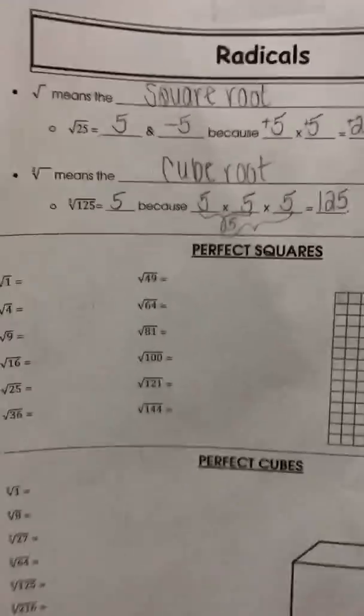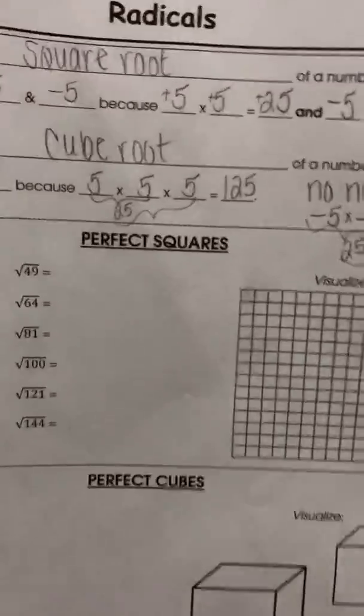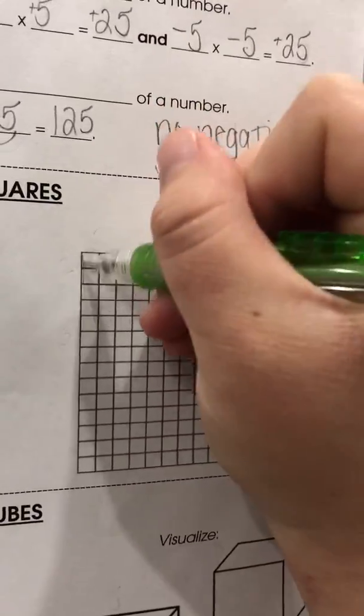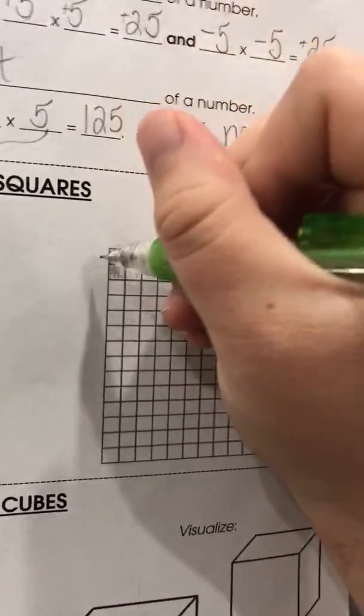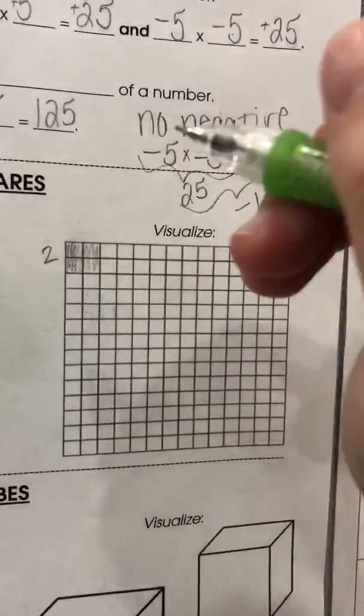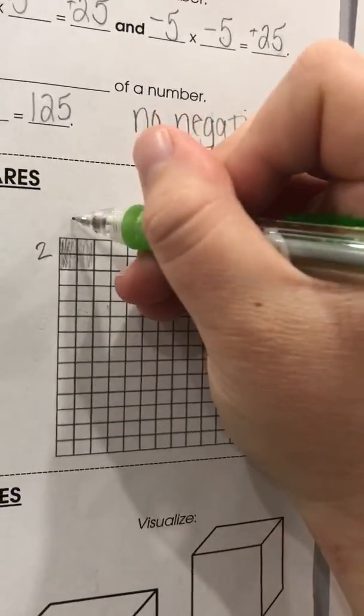So moving on to perfect squares, the reason why we call these perfect squares is because I can take a block. I'm just going to sketch a 2 by 2 square. I sketched a square of 2 by 2.